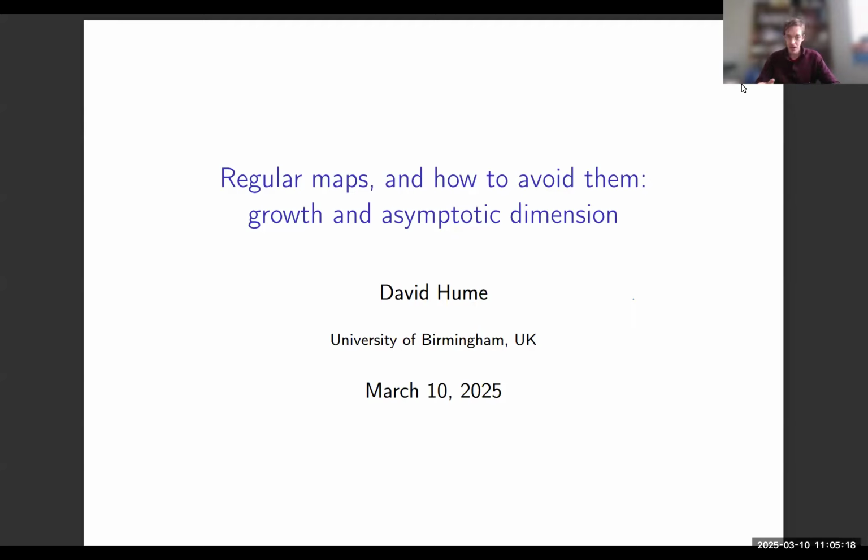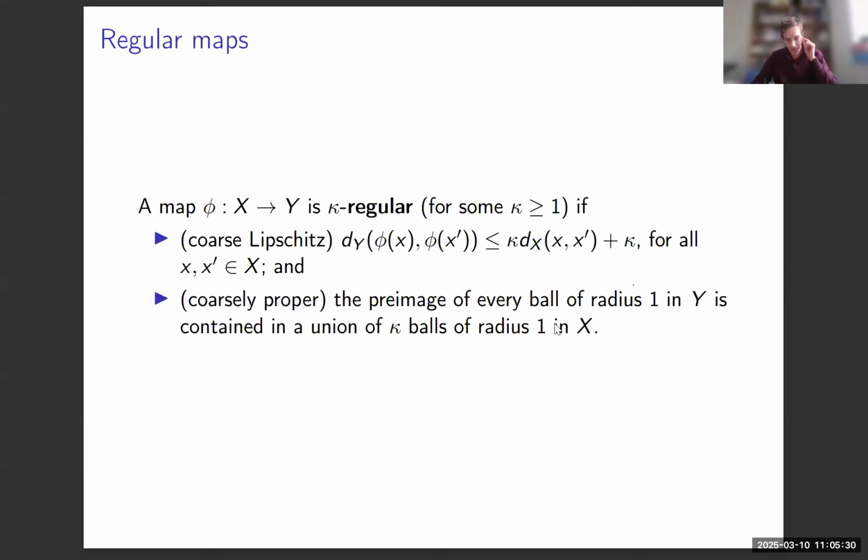So the title is Regular Maps and How to Avoid Them, and I'm going to focus on growth and asymptotic dimension, two well-known invariants. The type of maps I'm interested in are regular maps, and these encompass a lot of things that you think about in coarse geometry.